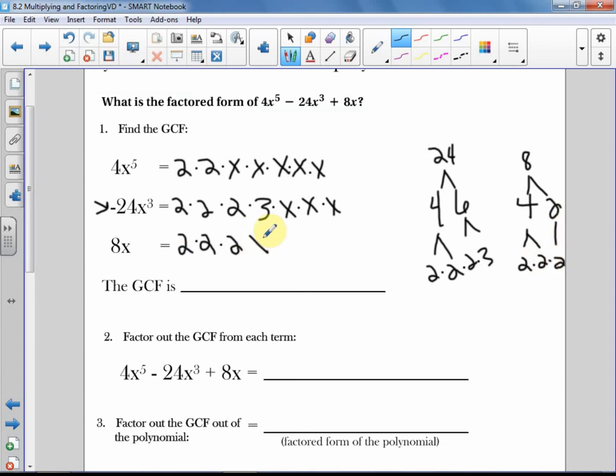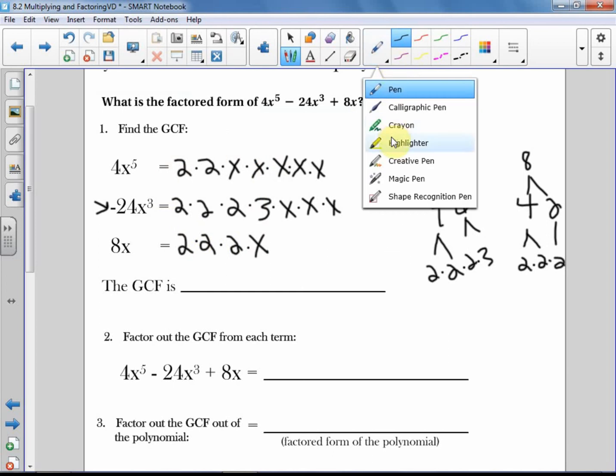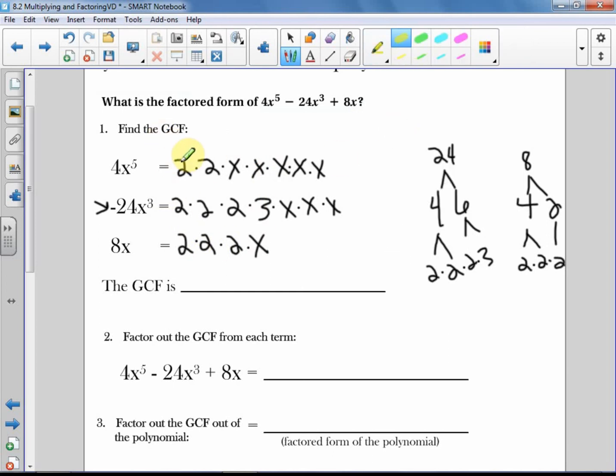And I also have 1x to factor out. So now I need to find the factors in common of all of these terms. So I notice that I have 2 sets of 2's in common with all 3 terms, and it looks like I have 1x in common with all 3 terms.